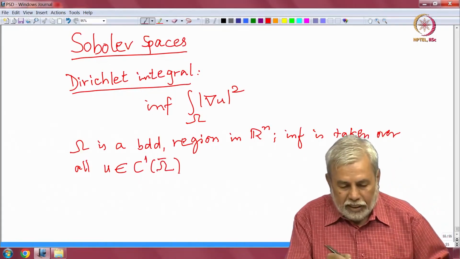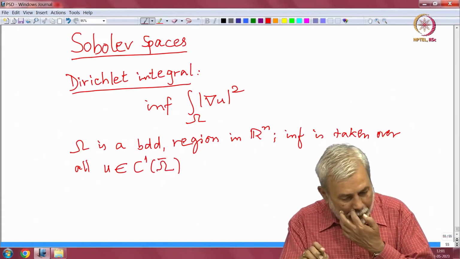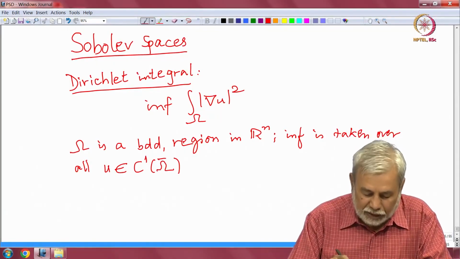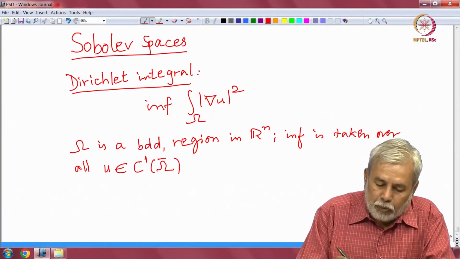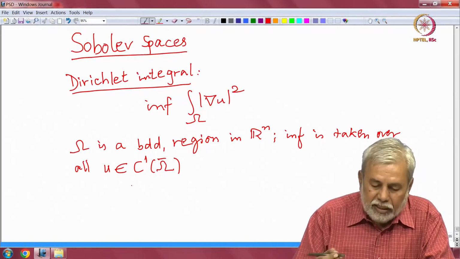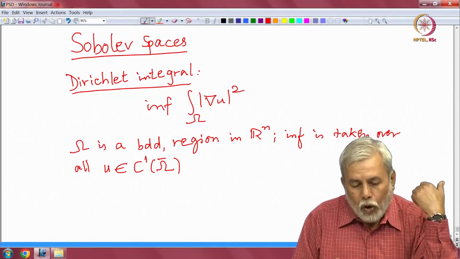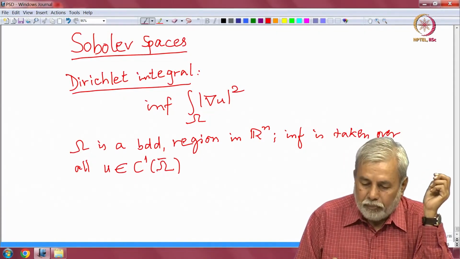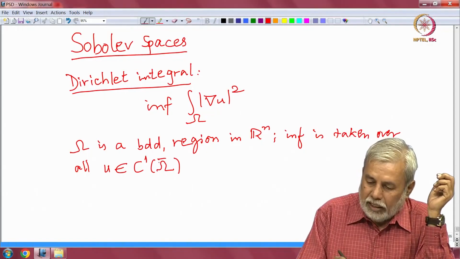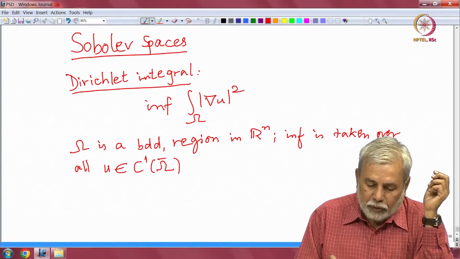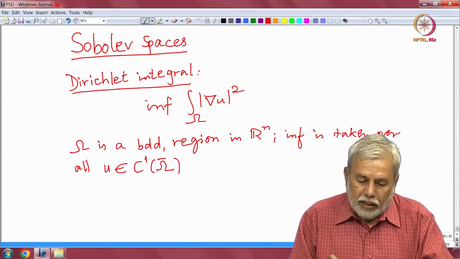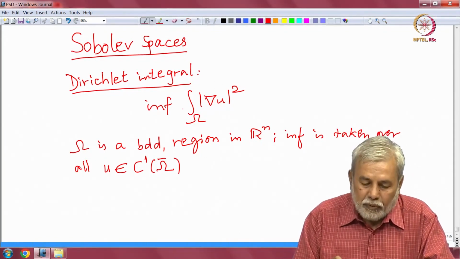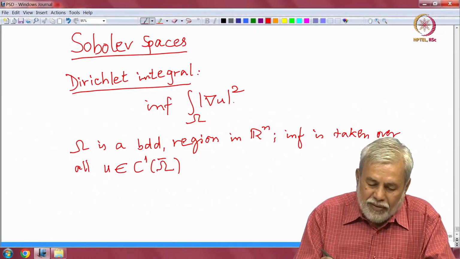This space, and more generally C^m of Omega bar, is the space of all continuous functions, differentiable up to first order here, in general up to m-th order in Omega, which can be extended continuously up to Omega bar. Then you equip that with the sup norm. That's fine, but here we are using the integral, to make it non-trivial.